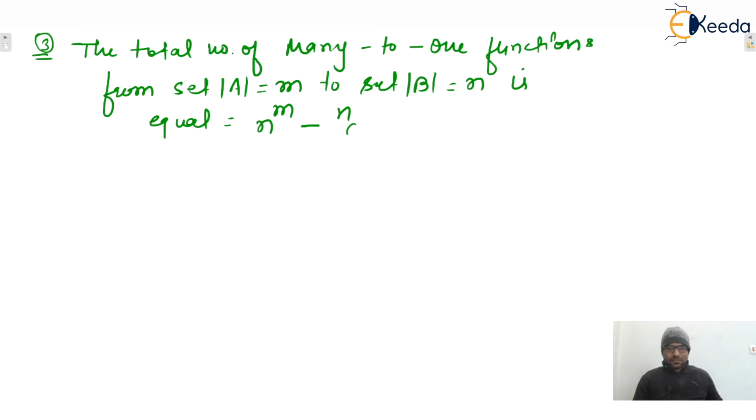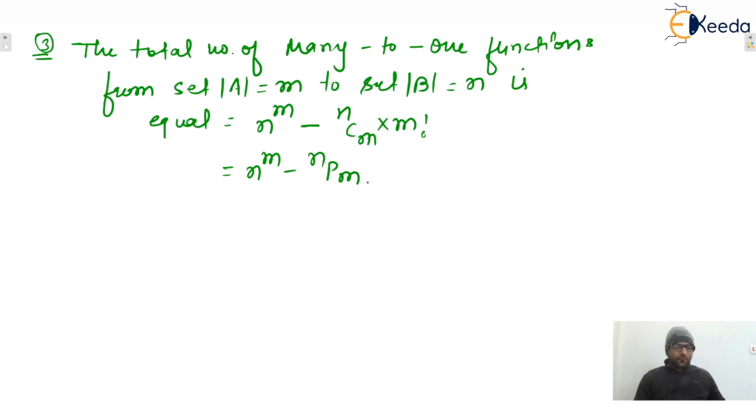So one to one functions will be NCM into M factorial, isn't it? Every function will be either one to one or many to one, isn't it? So that will be the correct answer. Or this can be written as n raised to power M minus NPM. I hope this one is clear to everyone. So that is the formula for the counting of many to one functions.